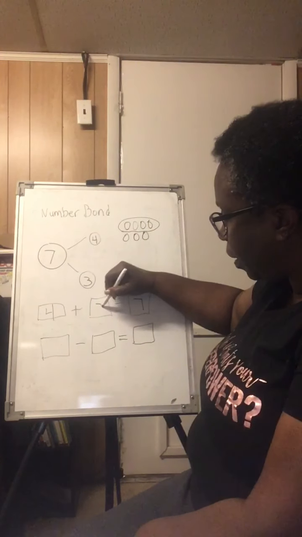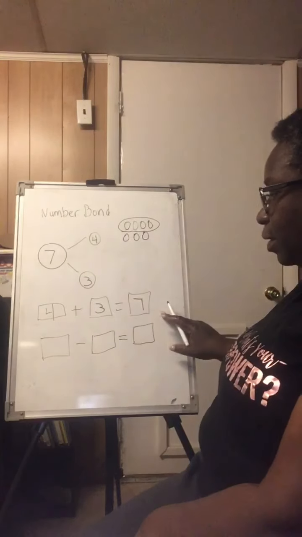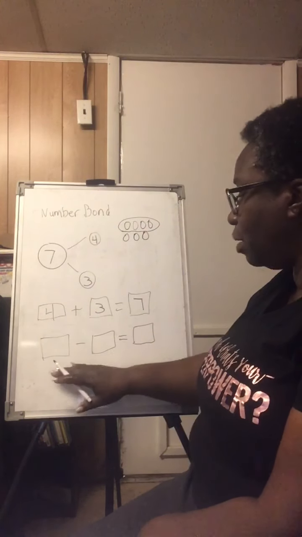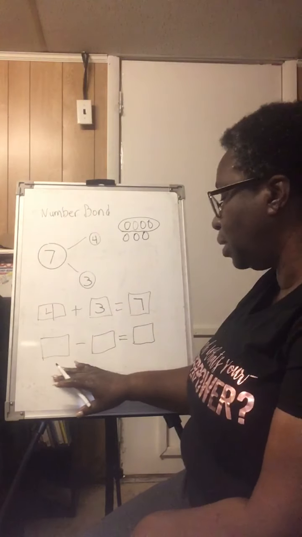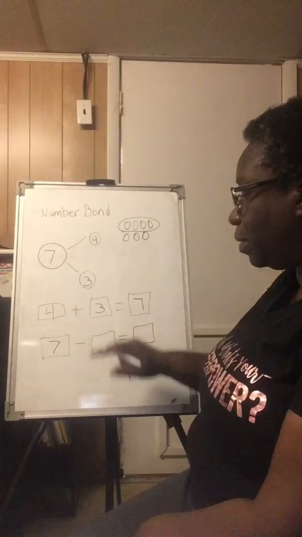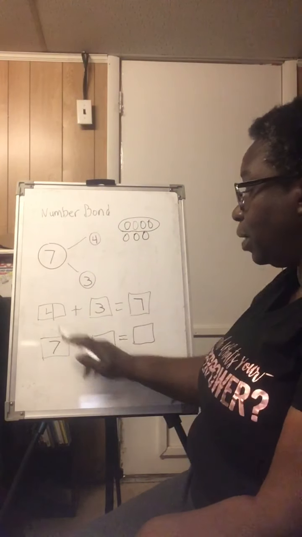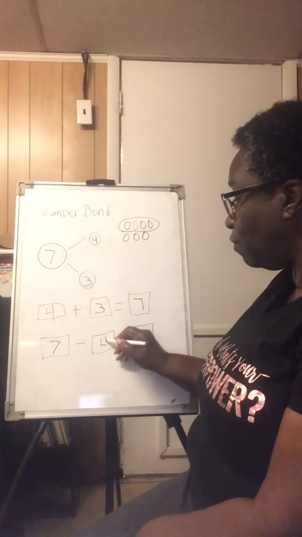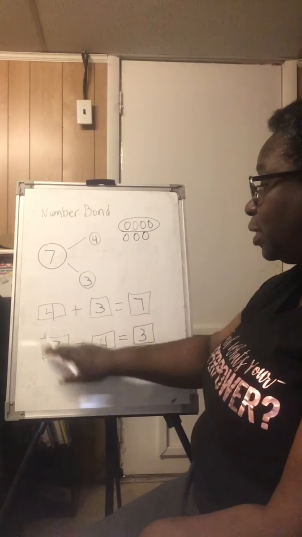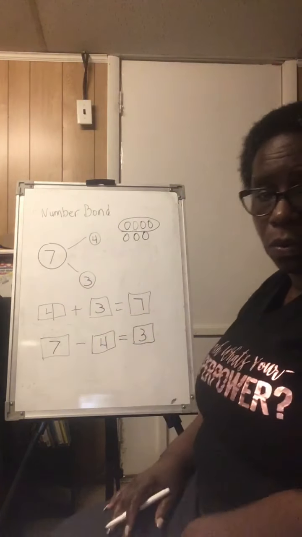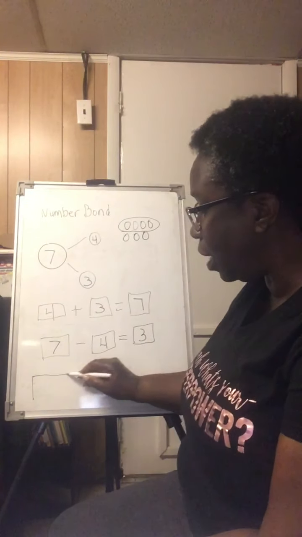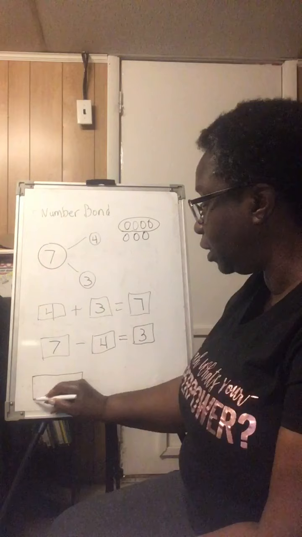So 4 plus 3 equals 7. Now we're going to take that addition sentence and make it a subtraction sentence. 7 minus 4 gives us 3, or you could say 7 minus 3 gives us 4, using the same sentence. And then you're going to have your number bond, a subtraction number bond.